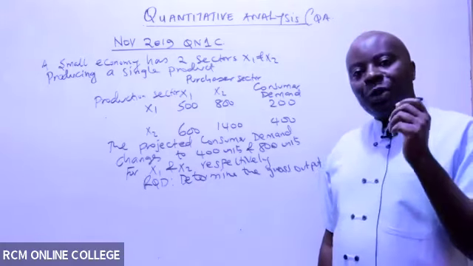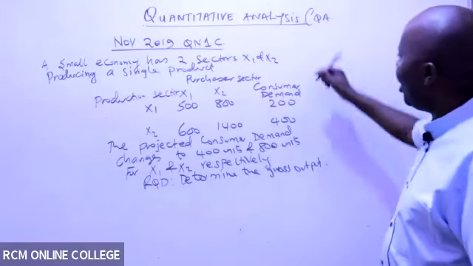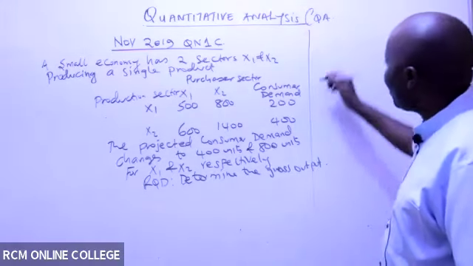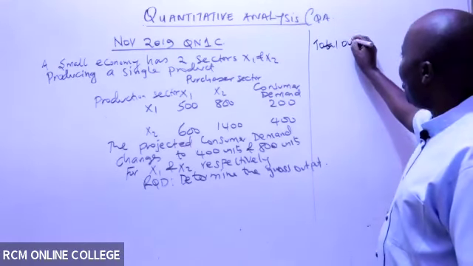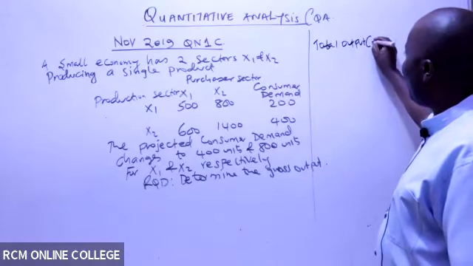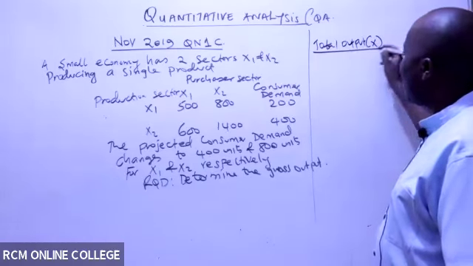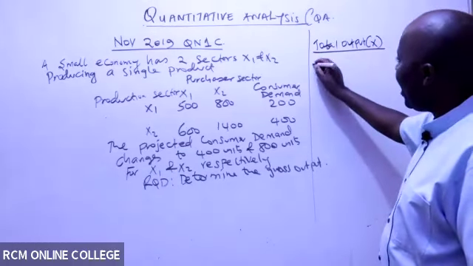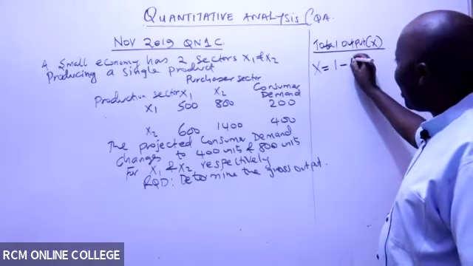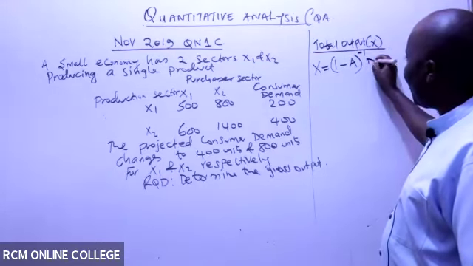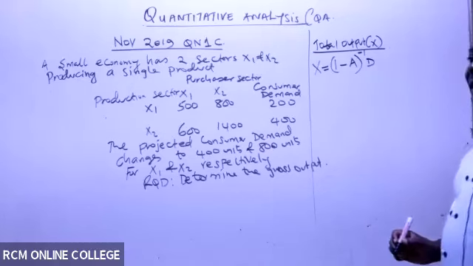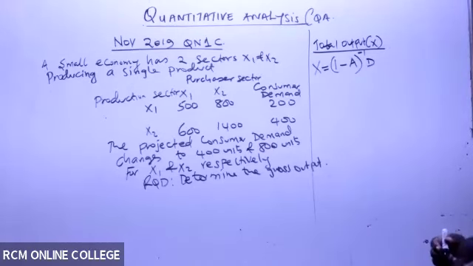How do we get to predict the total output? Very easy. To get the total output, which will be our X, we write X equals (I minus A) inverse multiplied by D. This is the formula we shall be using.